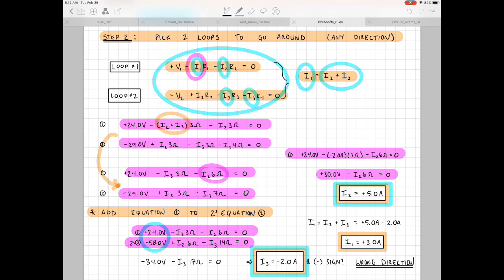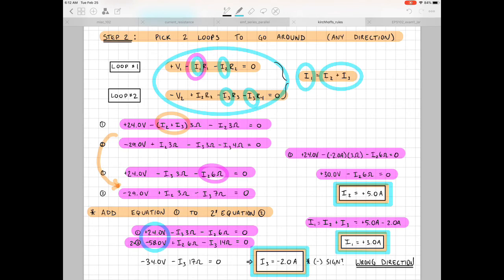And then lastly, I just go back to the junction rule, and I can immediately solve for I1, and I get plus 3 amps. So both I2 and I1 come out as positive values, and that means the directions I chose at the start were the correct directions, and only I3 was in the wrong direction.